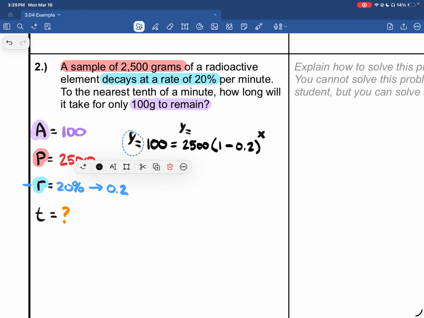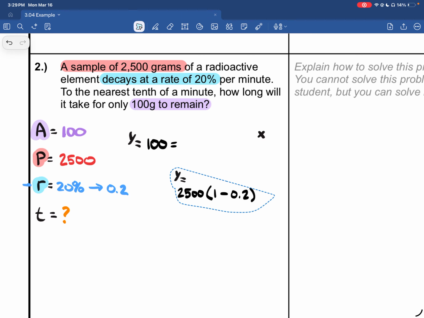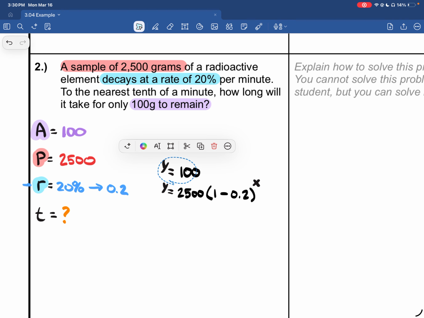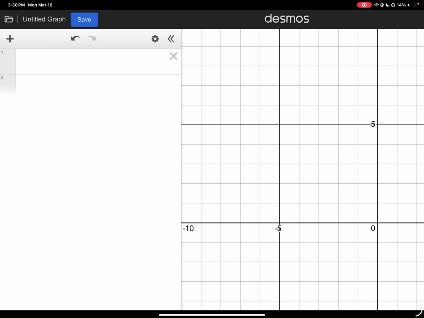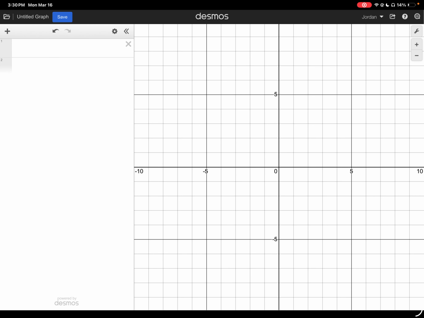So y equals that, and y equals that. And let me go to Desmos, zoom out.